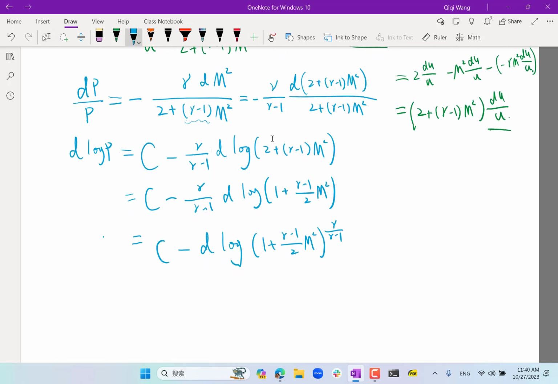And now, finally, let's just integrate and get rid of the logarithm on both sides. When you integrate and get rid of the logarithm, this additive constant becomes a multiplicative constant. So we'll just write it as p being proportional to 1 plus gamma minus 1 over 2 Mach number squared to the power of gamma over gamma minus 1.